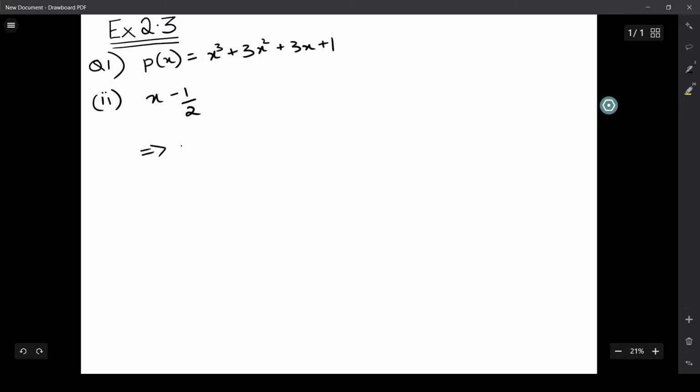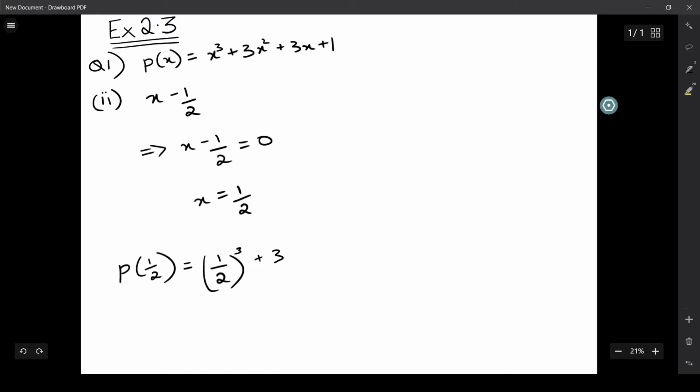Now taking the 0 of the divisor, we get x is equal to 1 by 2. And hence the remainder will be the value of the polynomial at 1 by 2, which is 1 by 2 whole cube plus 3 into 1 by 2 square plus 3 into 1 by 2 plus 1.